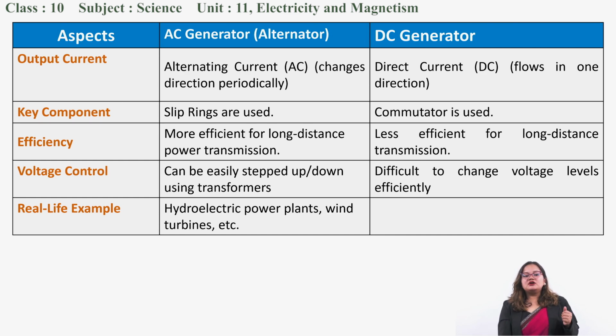As real life examples, AC generators are used in hydroelectric power plants, wind turbines, etc. Whereas DC generators are used in bicycle dynamos and solar battery charging. We did the bicycle dynamo in our previous class, so you can compare by going back to that class as well.